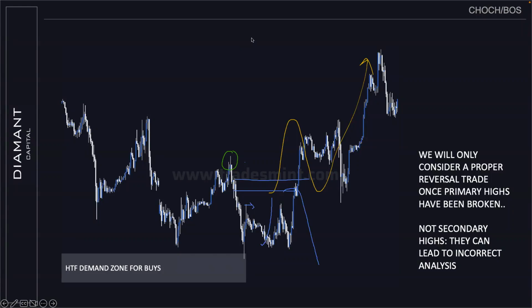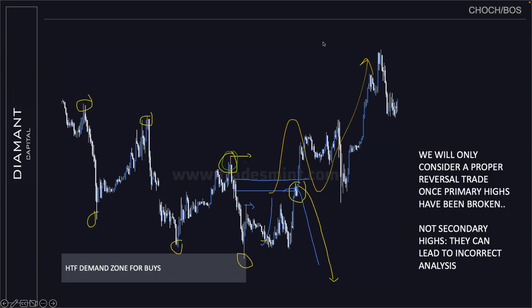Because if you really think about it, let me just change the colors up a bit as well. This the high, low, the high, the low, the high, and then now potentially the low. This could have been the next high to eventually bring us downwards. So what we really do need is that break above this primary high right here.